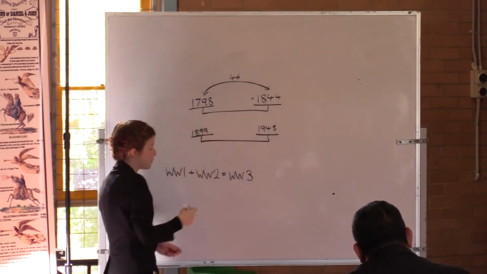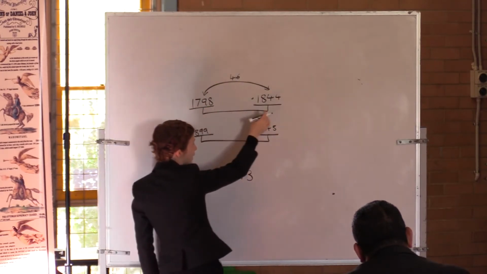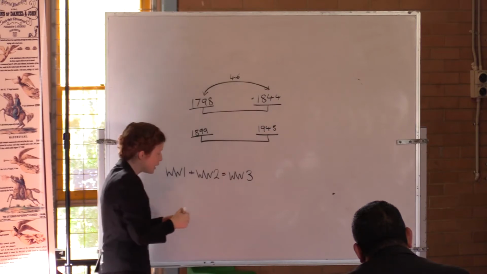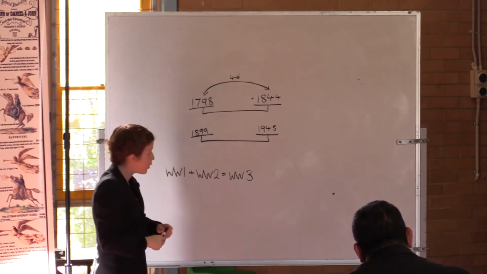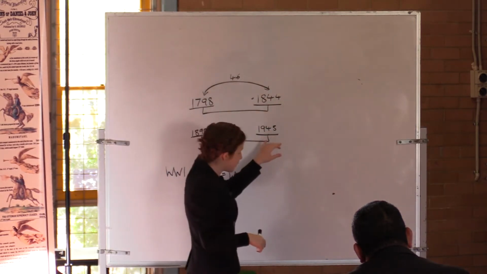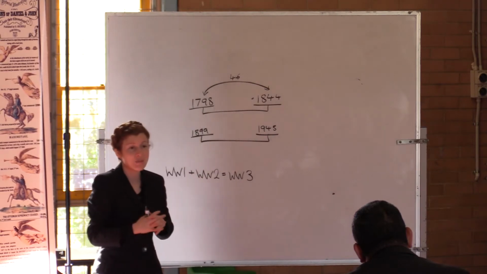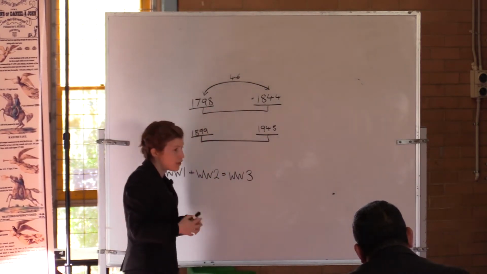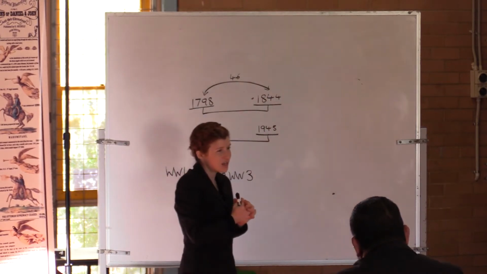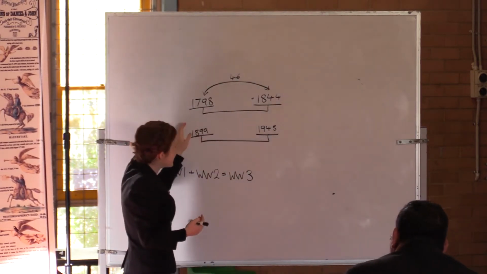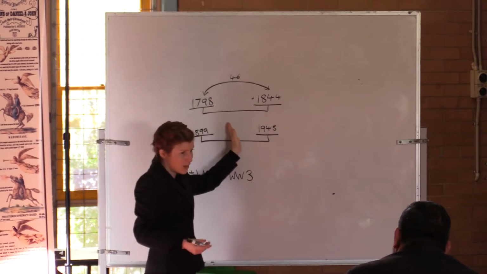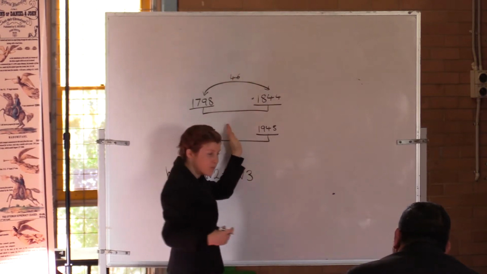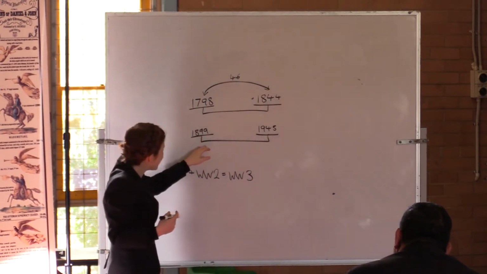First and second angel's message, the history of 1798 to 1844. The history of the First and Second World War, 1899 to 1945. First angel's message, not public knowledge in 1798. William Miller is either 16 or 18 in 1798. It takes years for him to start studying that message.